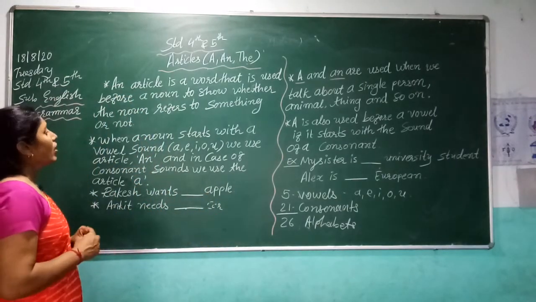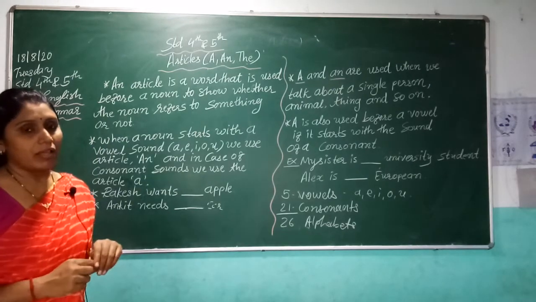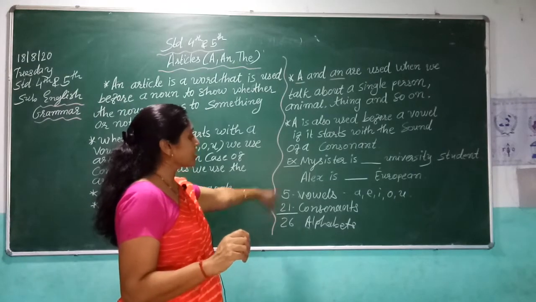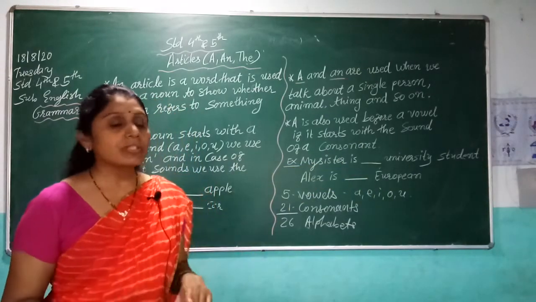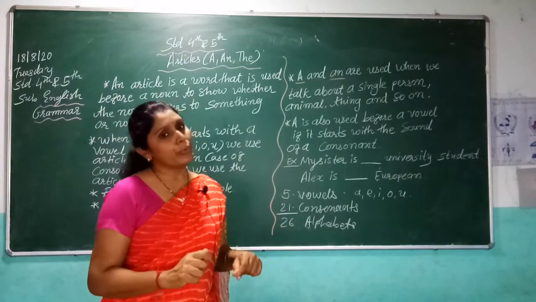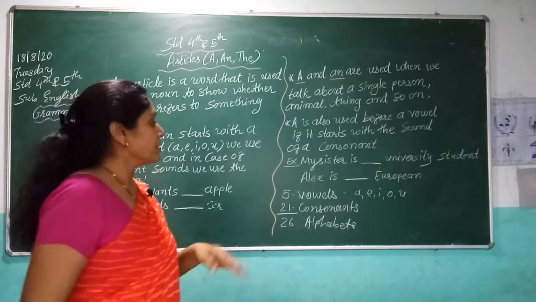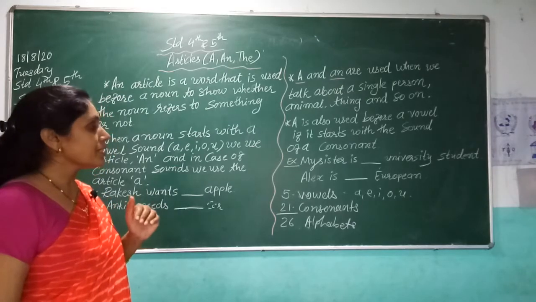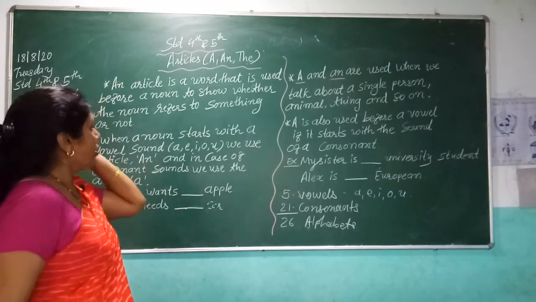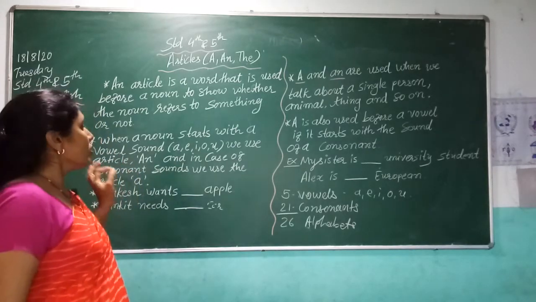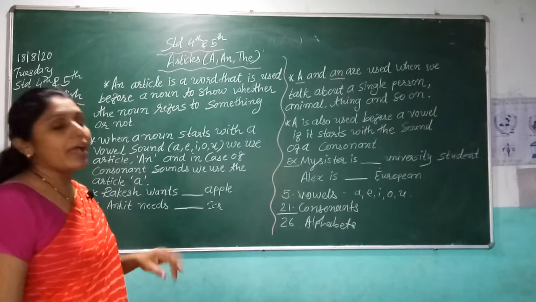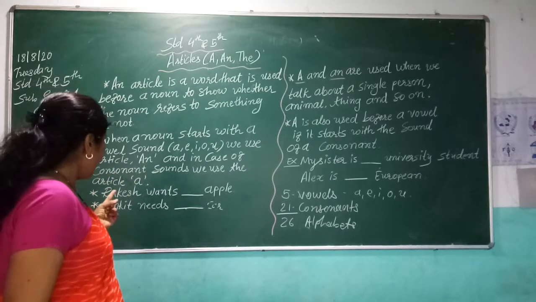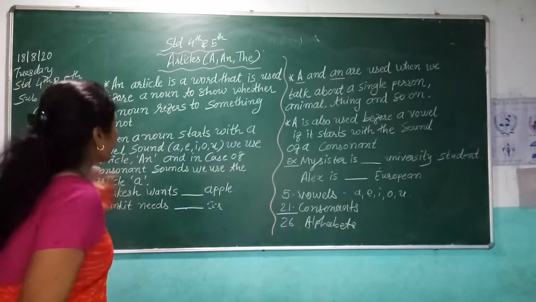So when a noun, a name, starts with a vowel, A, E, I, O, U, just like A, apple, E, egg, I, ice cream, O, owl, U, umbrella, then we use the article an before it.